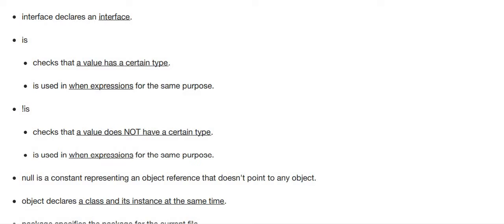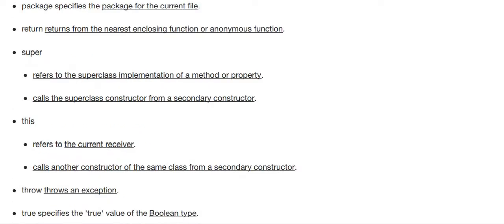An object declares a class and its instance. As you know, instance is occurrence. So package specifies the package for the current file. Return returns from the nearest enclosing function.